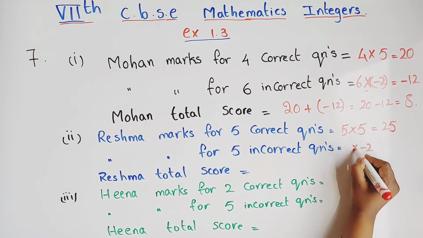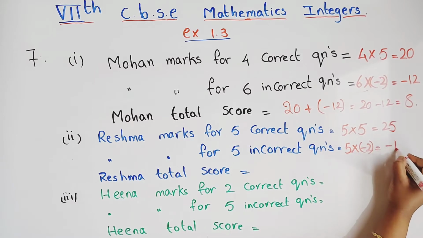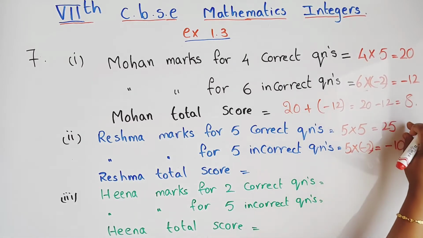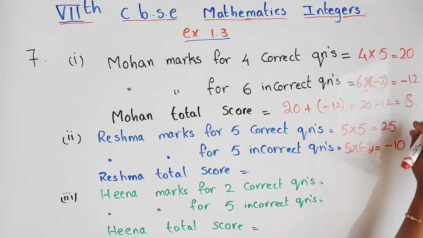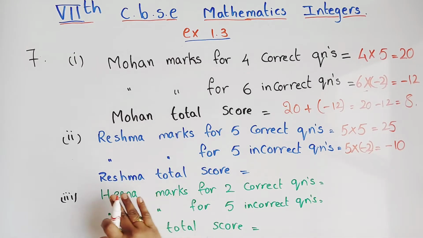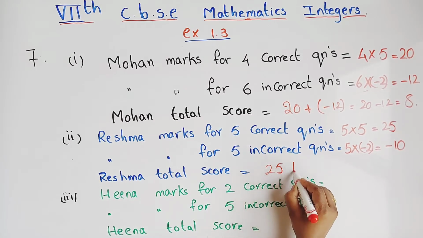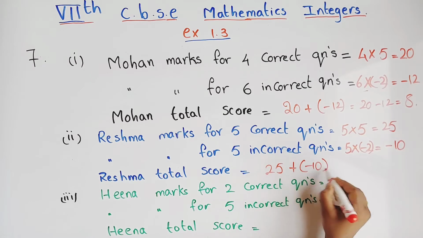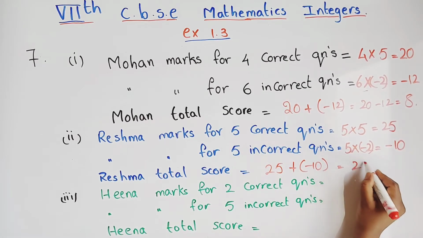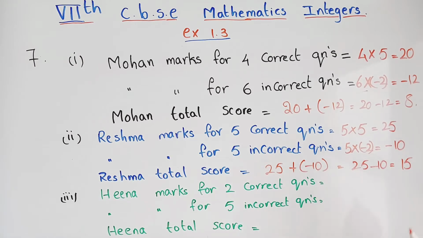Minus 2 into 5. 5 2s are 10, this is minus 10. So she has 25 positive marks and minus 10 negative marks. So what is her total score? Reshma's total score, 25 plus of minus 10. Plus minus it is minus, you know. So 25 minus 10 is 15, children.